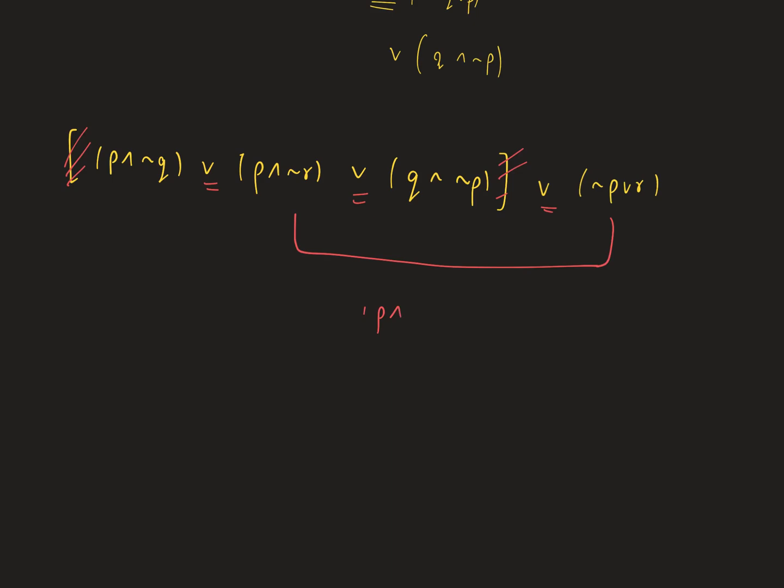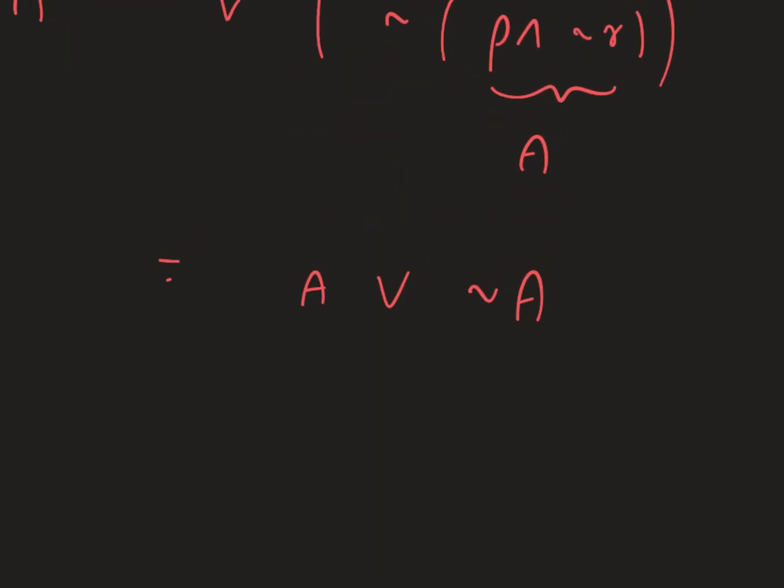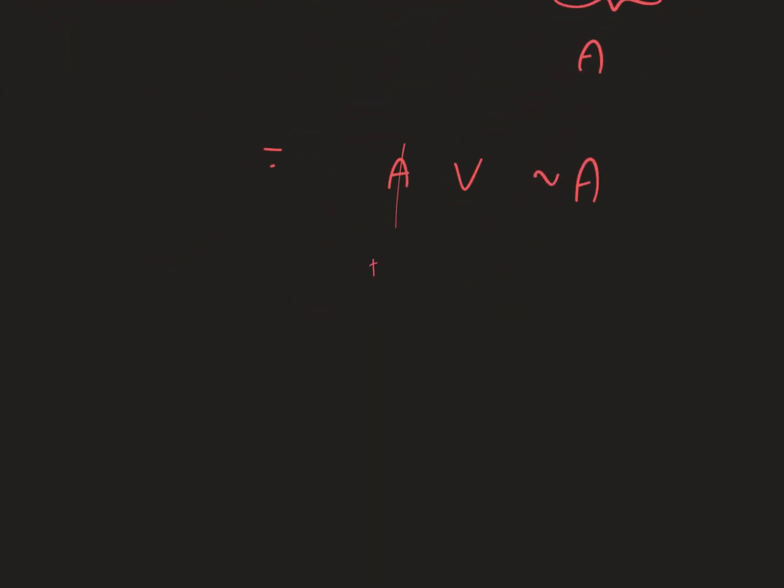So P and not R union with not P or R. Well, please note that this one here is not of P and not R. So suppose this one here is A and this one here is not A. So it will be A or not A. So whatever A, whether it is true or false, for example, if it is true, then it's going to be true or not true, which is false.